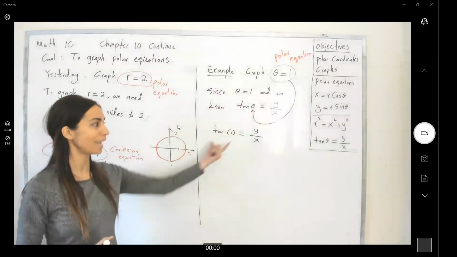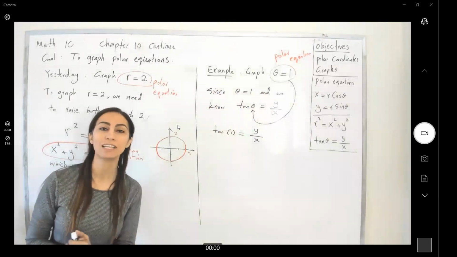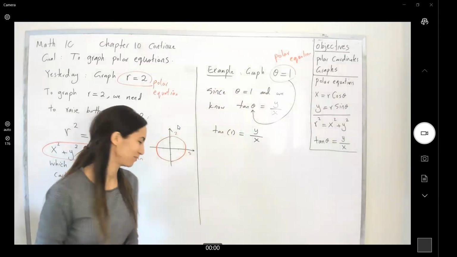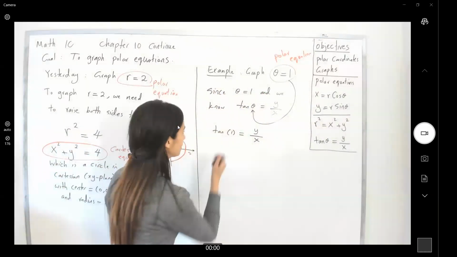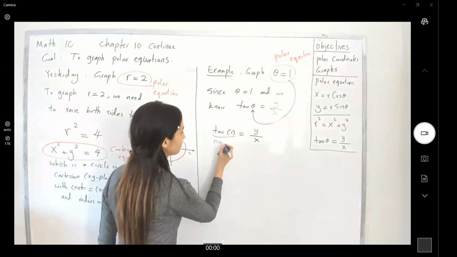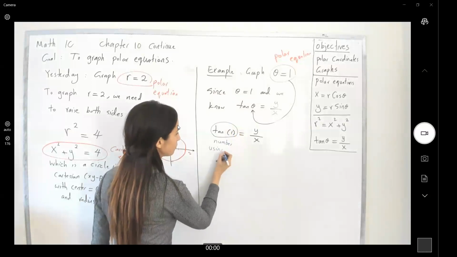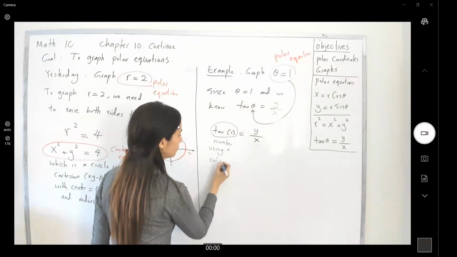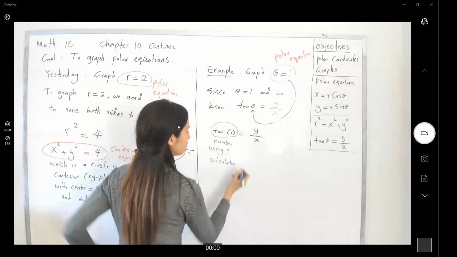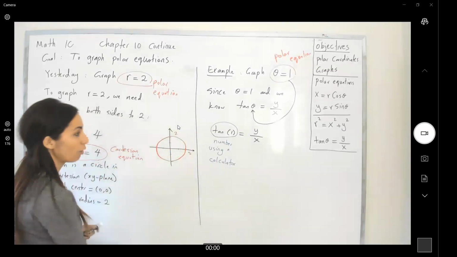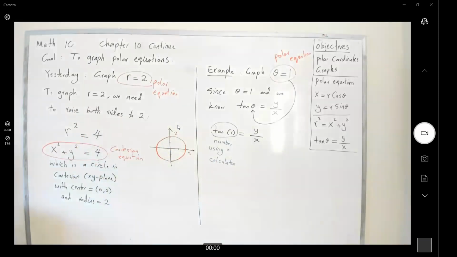Well, tangent of 1, if you use your calculator, gives you a number. Let's use our calculator and see what type of number we have here.